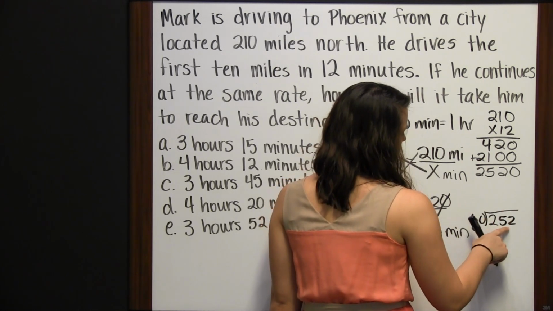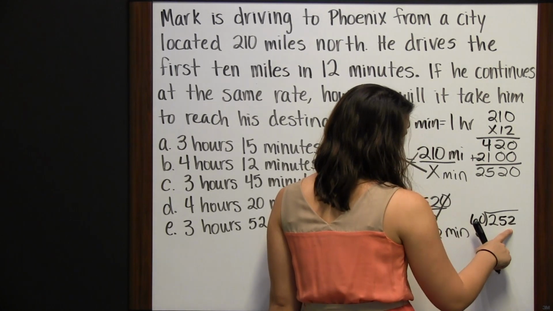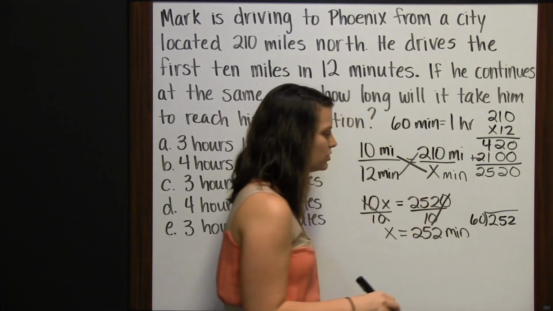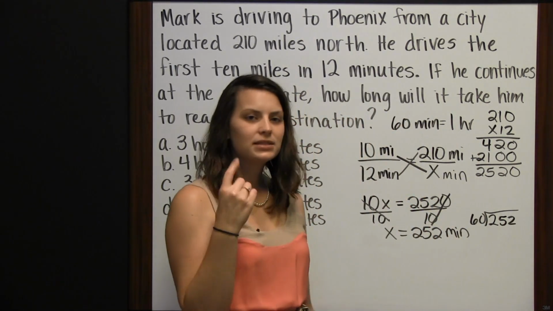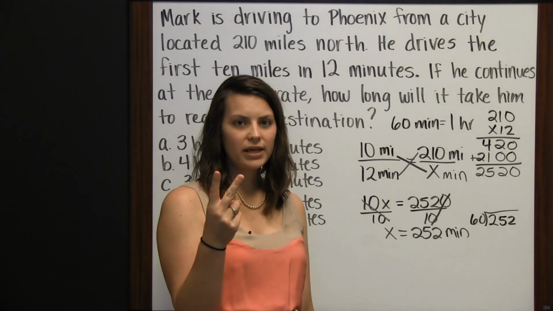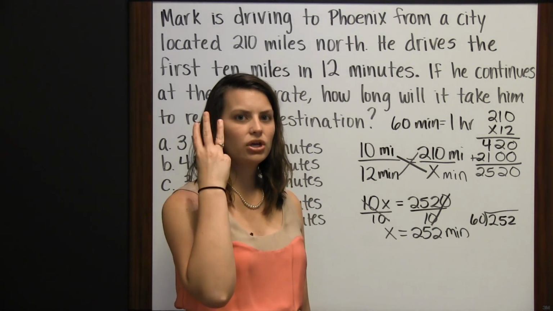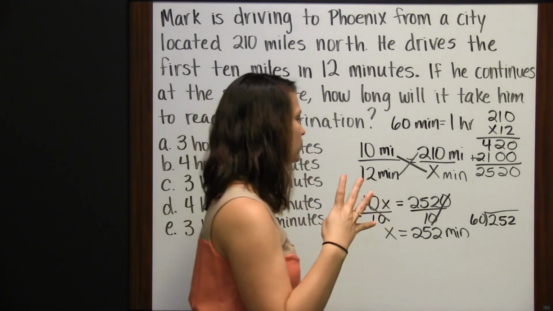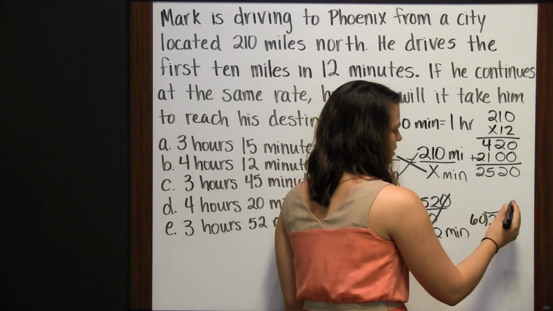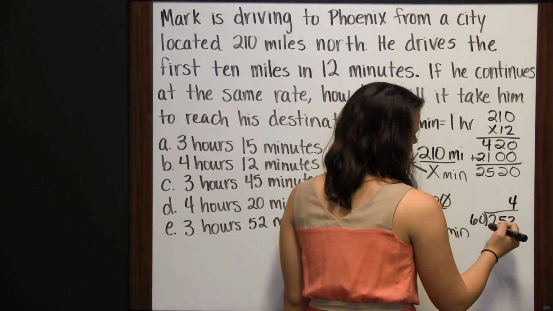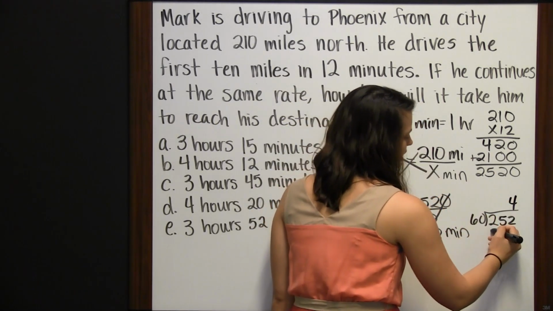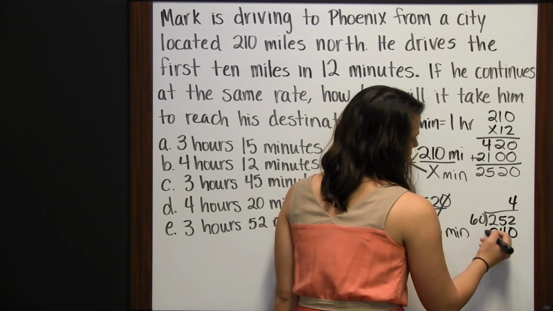So 60 does not go into 25. 60 goes into 252. 60, 120, 180, 240. So 4 times, because 4 times 6 is 24, and 4 times 60 is 240.